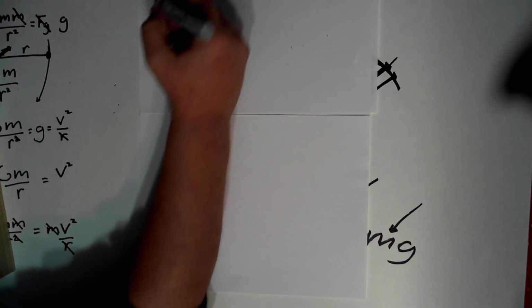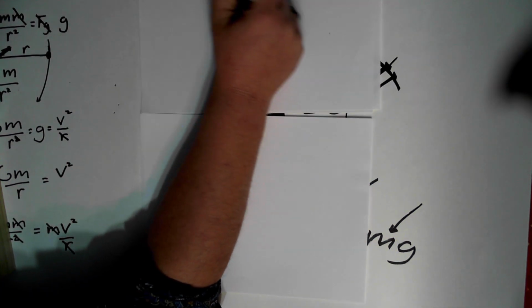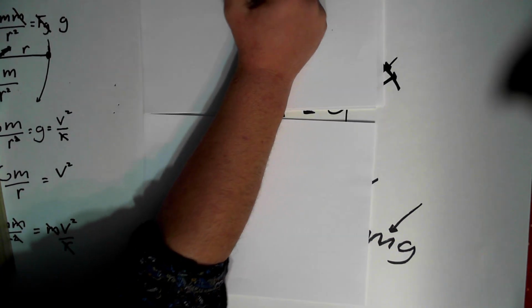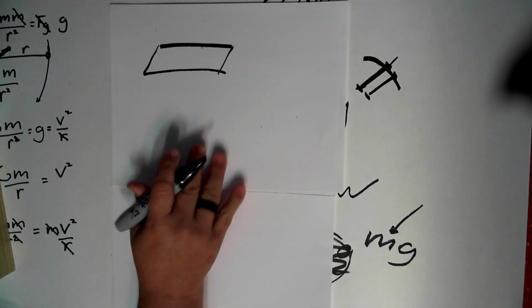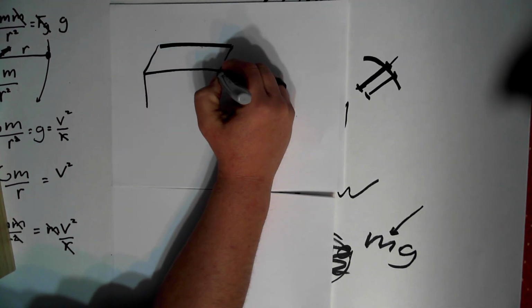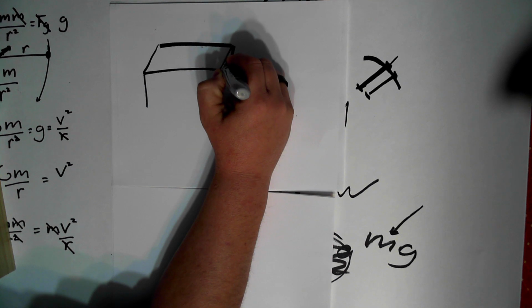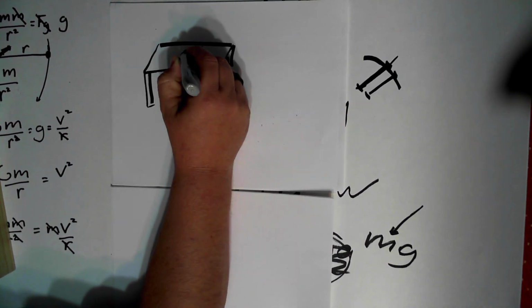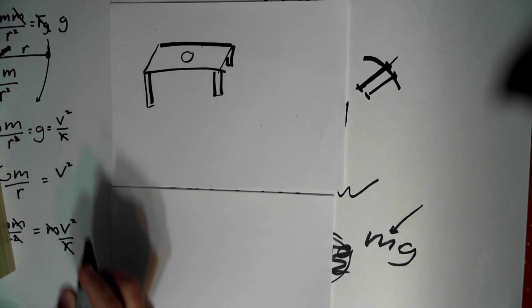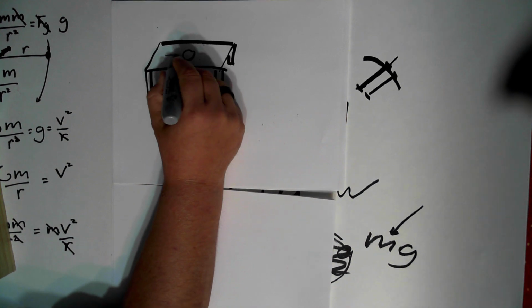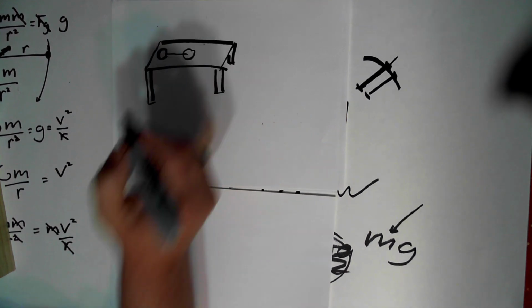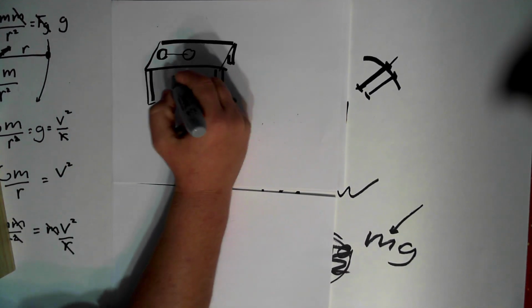So there's a table that is frictionless. Okay, here's my table. And there's a hole cut into it. Now from the hole, we're going to have a rope here and a puck that is going to be spinning around the table.